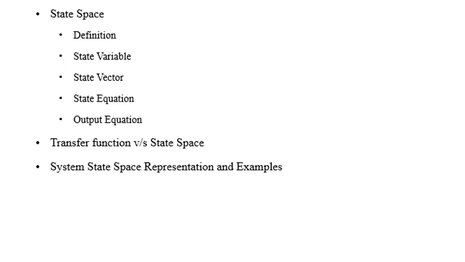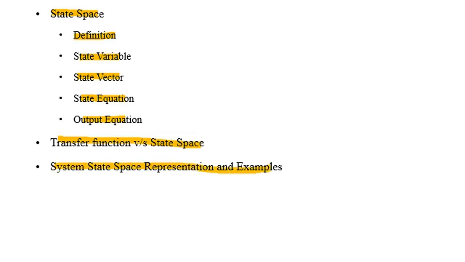Dear students, now coming to the contents of this lecture, we will start from the definition of a state space. What is a state variable, a state vector, state equation, and output equation. Then we will study transfer function versus state space.